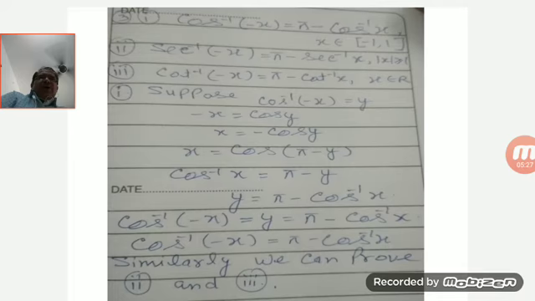Sec inverse minus x is equal to pi minus sec inverse x when modulus of x is greater than or equal to 1, and the third one is cot inverse of minus x is equal to pi minus cot inverse x, where x belongs to the real numbers. First we have to prove the first part. After that you will be able to do the second and third one by the same method.